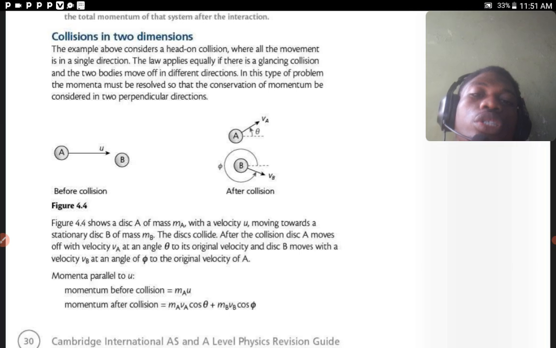So you resolve it into the vertical and the horizontal, as shown in the diagram that you can see on your screen.